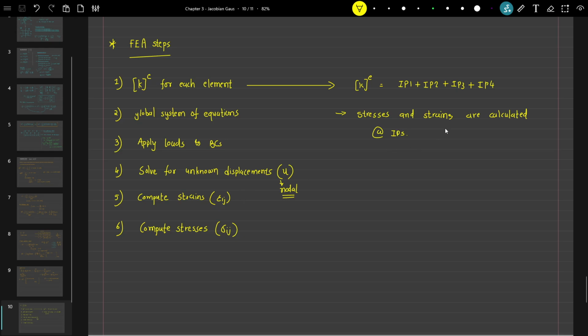So how are these stresses and strains calculated at integration points? We know the stiffness matrix is coming from all the integration points, right? So now let's talk about strains. The strains, as we know, for the 2D case, is B matrix and displacement vector.